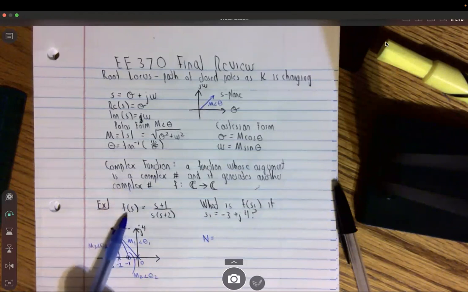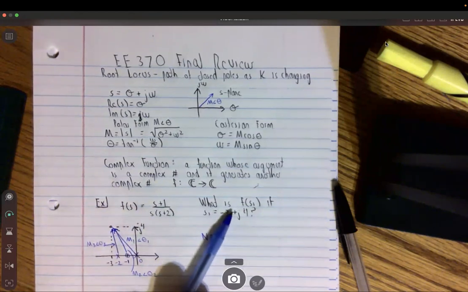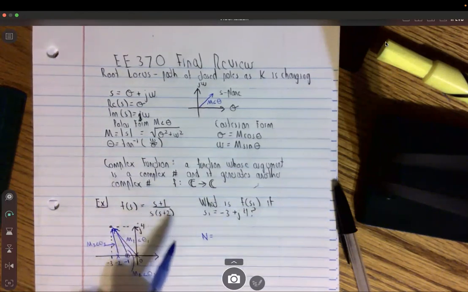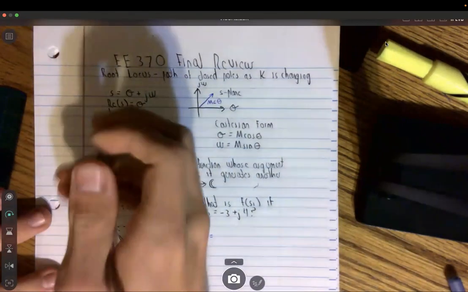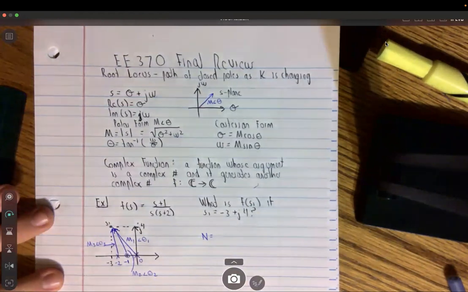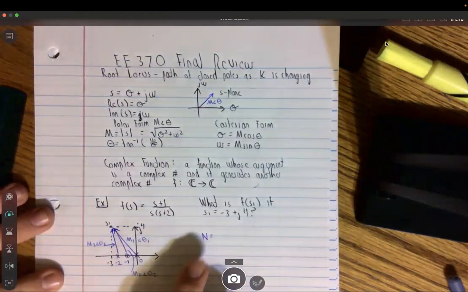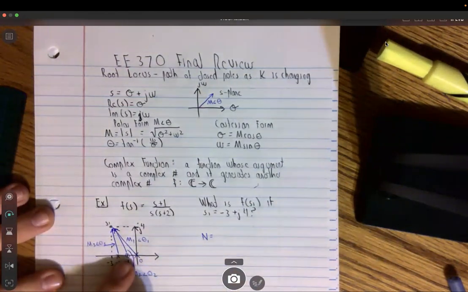Because remember, it takes in a complex number, and it's going to generate a new complex number. So it's going to generate a new phasor. So we had the original phasor up to S1, and we're going to generate a new one, f of S1.